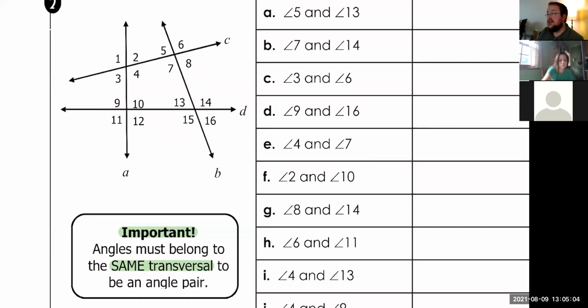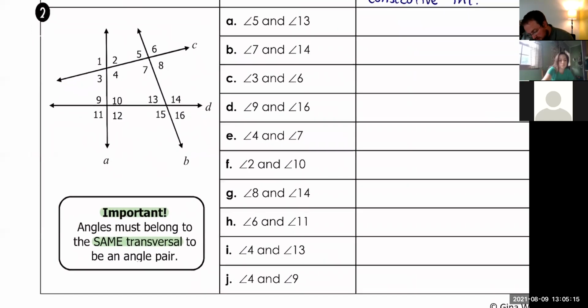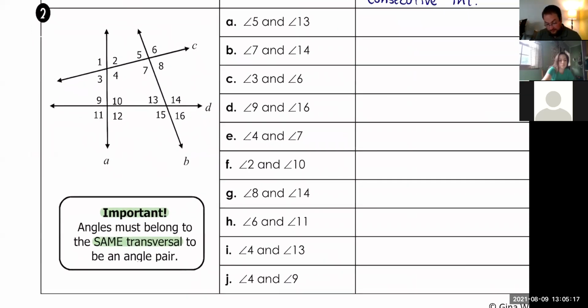So there are some thrown in here to distract. So make sure you can say, yep, I know which transversal this is tied to, because technically all of these lines could be considered a transversal of another 2.